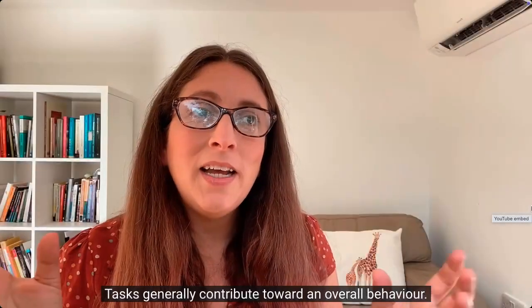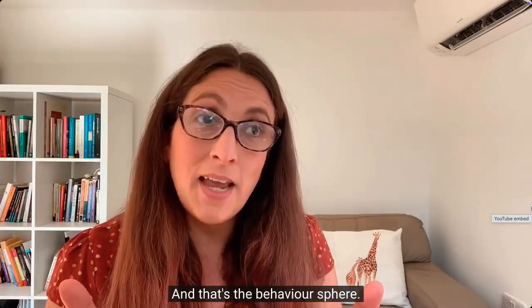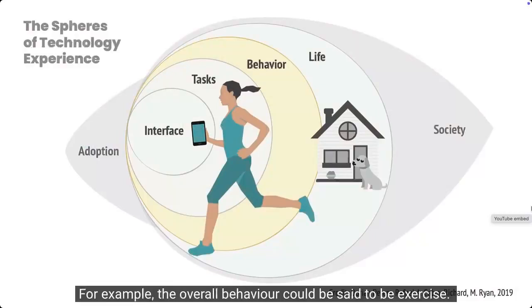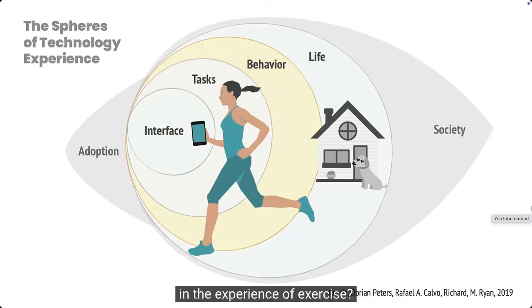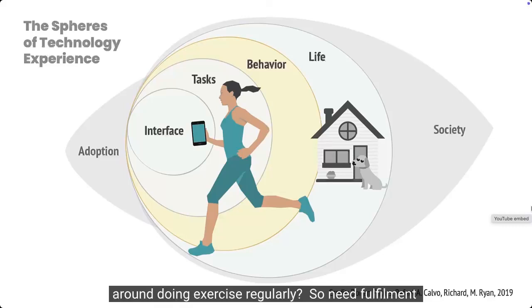Tasks generally contribute toward an overall behavior, and that's the behavior sphere. In our fitness app example, the overall behavior could be said to be exercise. So the question is, to what extent does the app improve need satisfaction in the experience of exercise? I might love the interface and engage in the tasks, but is this improving my sense of competence around doing exercise regularly?